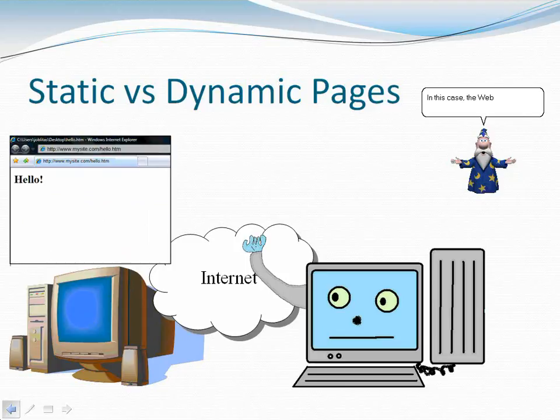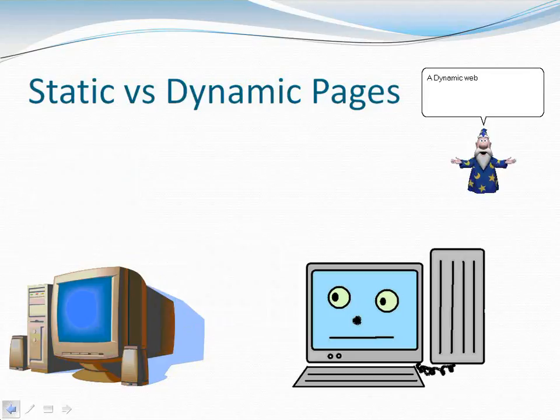In this case, the web server just serves the requested pages. That is why we call these kind of plain HTML pages static, because the content of the pages doesn't change, and the browser does all the interpretation. Now let's see what happens with a dynamic web page. A dynamic web page contains code that the web server needs to execute before sending the response back to the client.